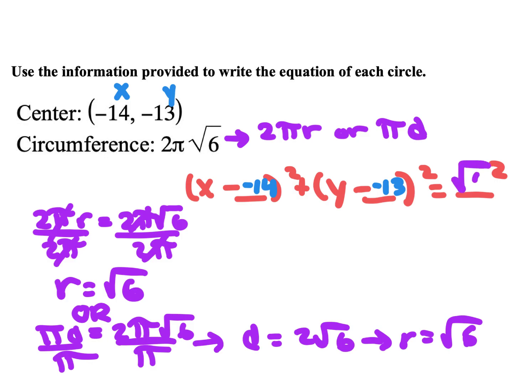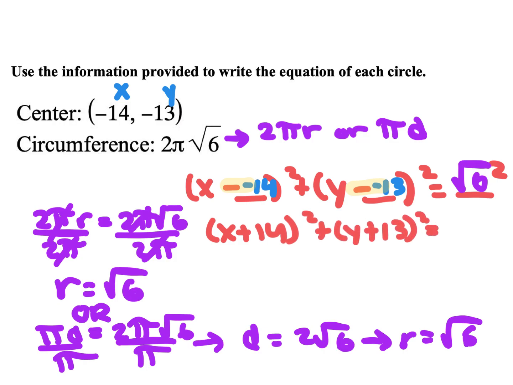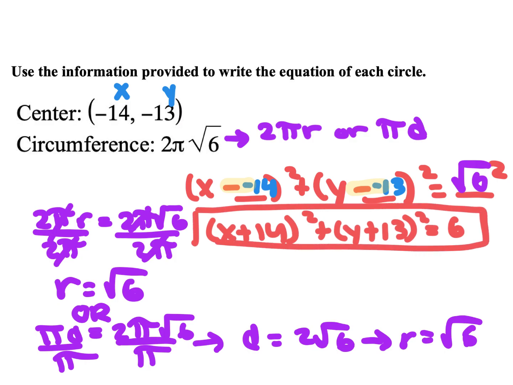So I can plug in the square root of 6 here. And now when I simplify, I change the signs as needed. So these minus and negatives become plus. The x plus 14 squared plus y plus 13 squared equals 6 as your final answer.